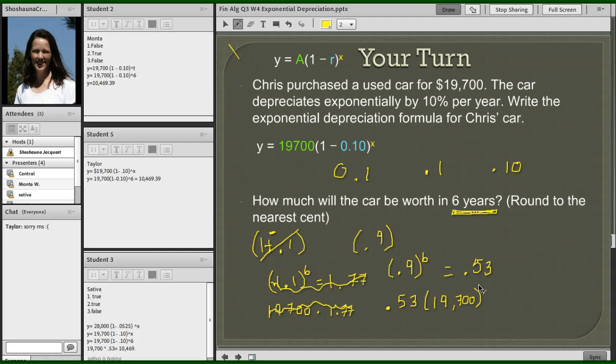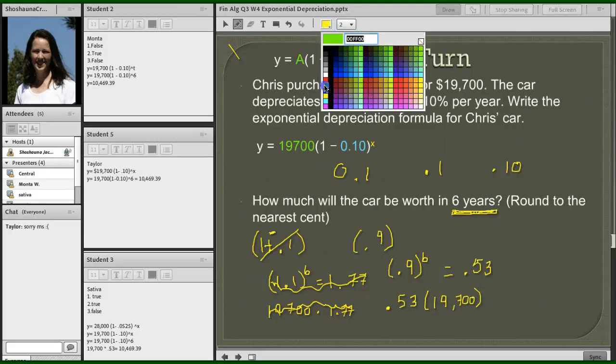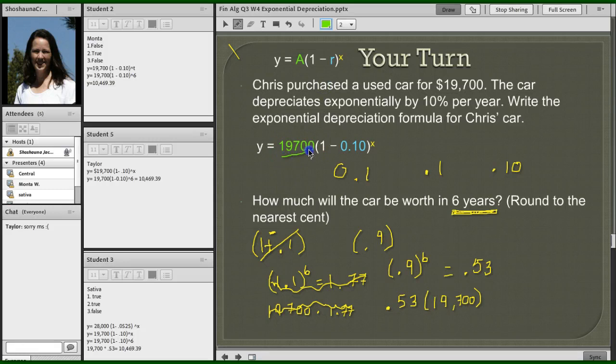Okay. Does anybody have any questions on that? Does it kind of make sense? The big thing that I like to do when I'm doing a problem, and it's my strategy, is to use colors.